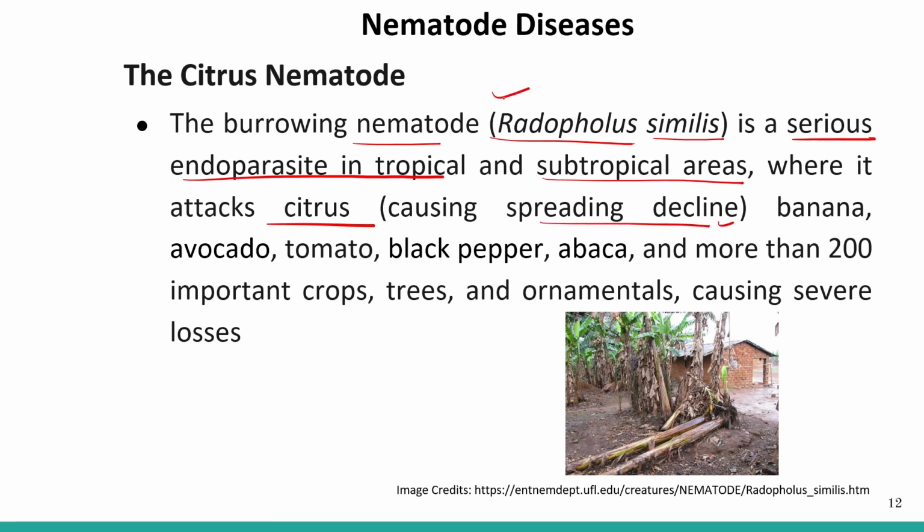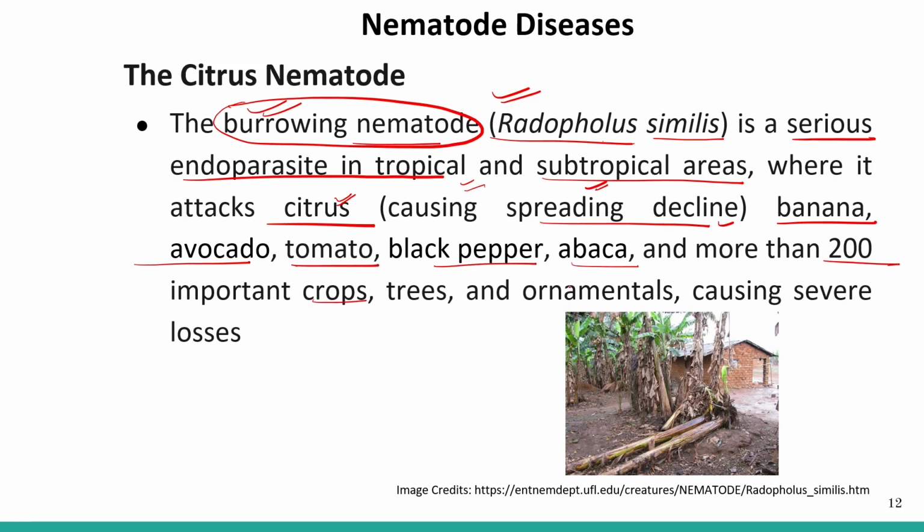This is another nematode, also called the burrowing nematode. They make burrows. It is called Radopholus similis, and it is a very serious endoparasite in tropical and subtropical areas. They not only infect citrus, but also banana, avocado, tomato, black pepper, abaca, and more than 200 important crops, trees, and ornamental plants, causing severe losses.